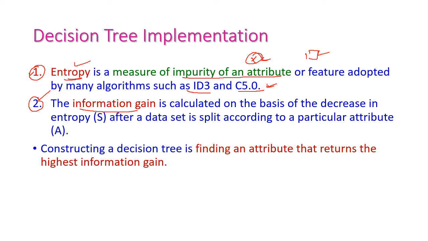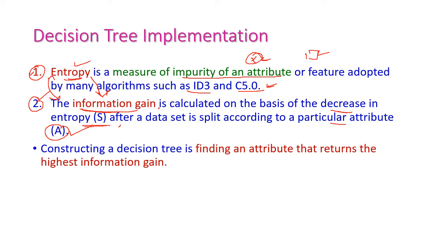And second one is information gain. By using this entropy we can compute this information gain, which is calculated based on the decrease in entropy after a data set is split according to a particular attribute A. So based on the entropy, we need to compute the information gain, and these two are entirely opposite to each other.